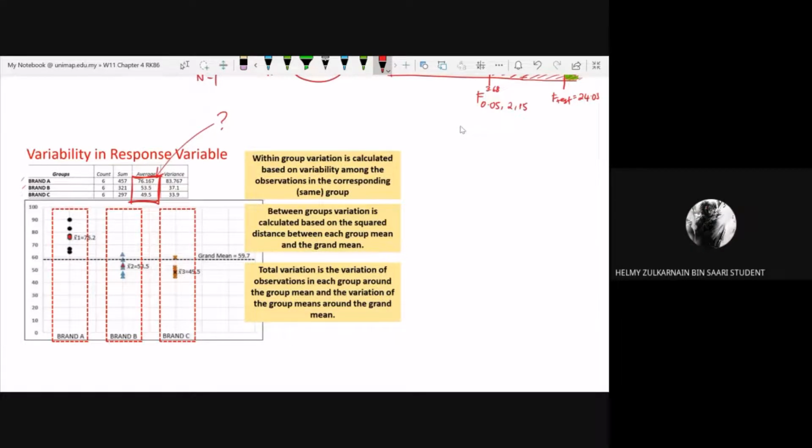Each brand has a different drying time. Yes, we believe that from the summary values, we may assume that the mean drying times for brands A, B, and C are different. Okay, that would be the first one. What about the second one?